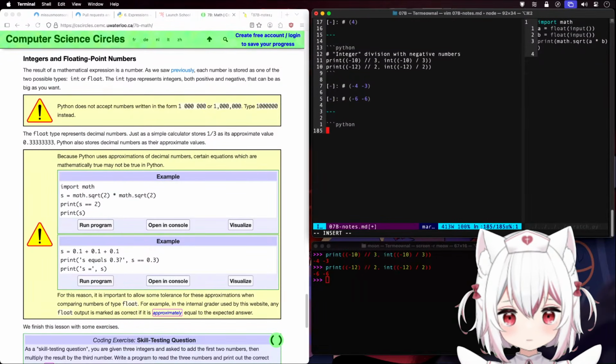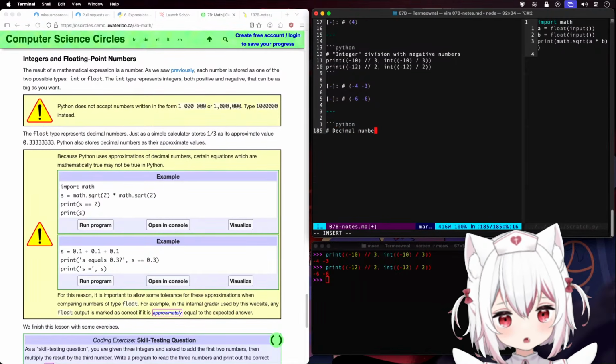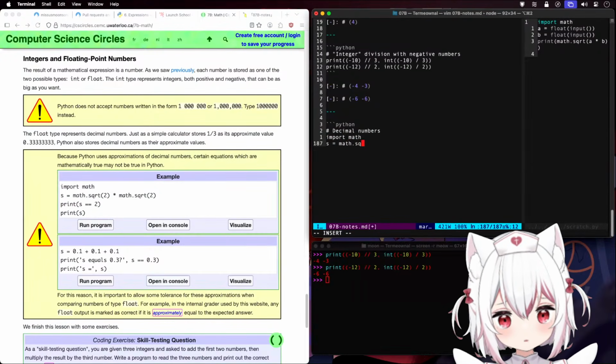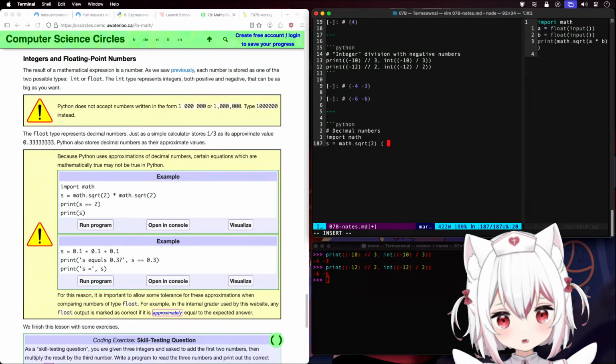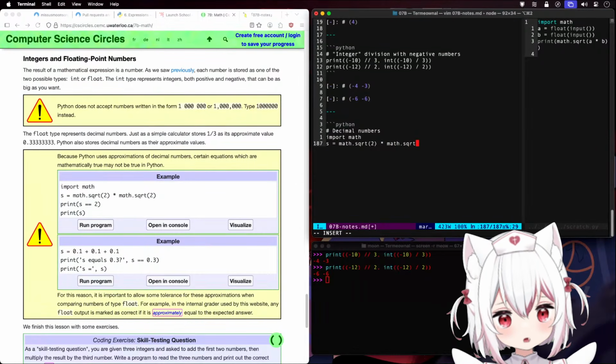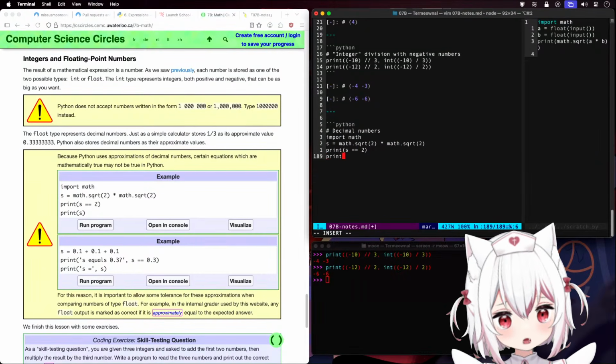So, call this decimal numbers. And then we do import math, and s equals math square root 2 times math square root 2. Print s is equal to 2. Print s.